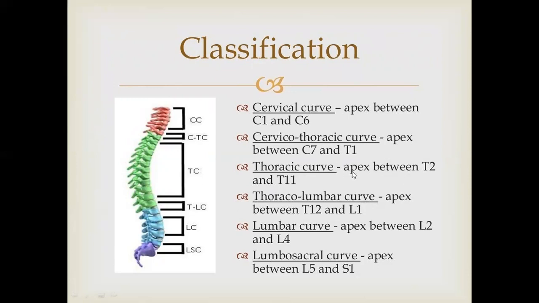Thoracic curve apex is between T2 and T11. Thoracolumbar curve is present at the apex between T12 and L1. As you can see, the lumbar curve is present at the apex of L2 to L4. The lumbosacral curve is between L5 and S1.